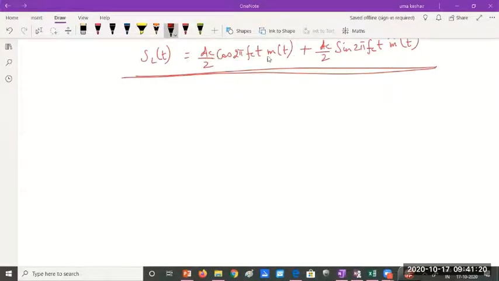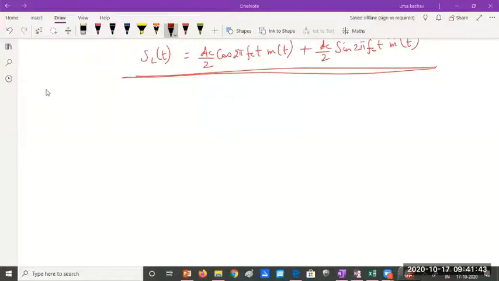Or you should make a table by substituting different values of M of T, FC of T, find the sine, cosine, and then from the table you should plot the waveform. So it's not a simple waveform in time domain. So we will not bother to write that waveform. Writing the wave shape of an SSB SC signal would be quite difficult in time domain.